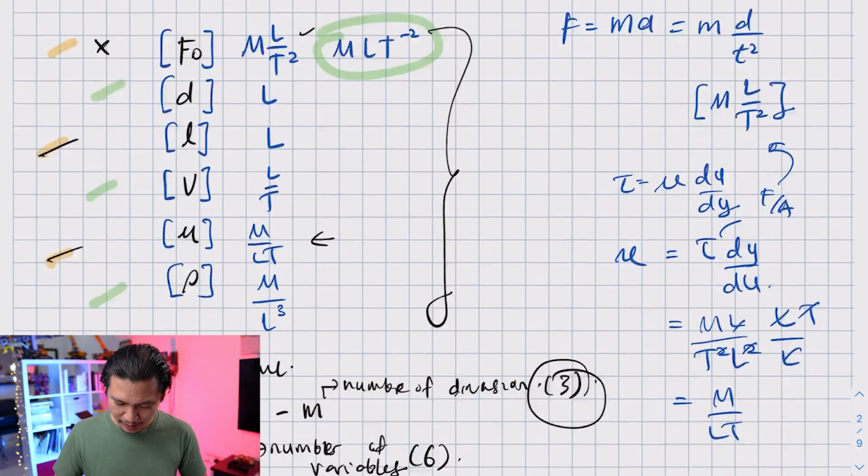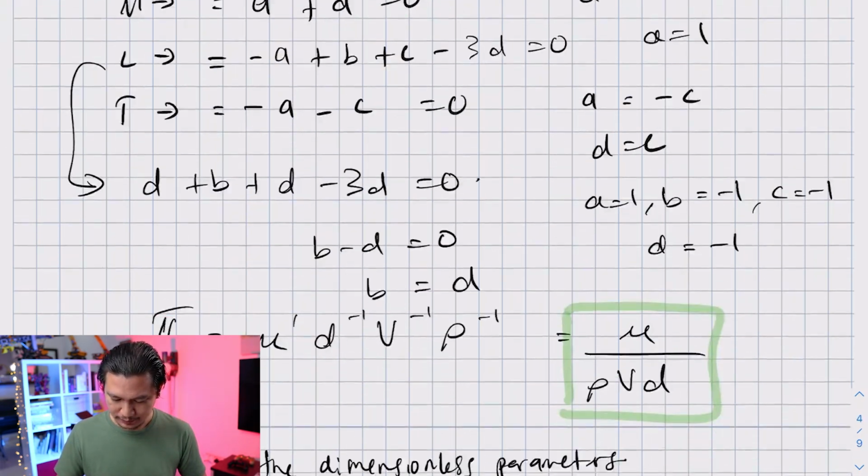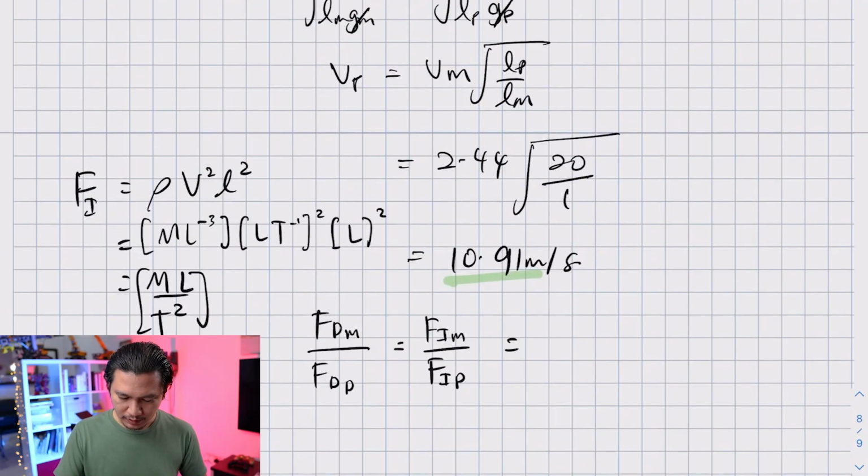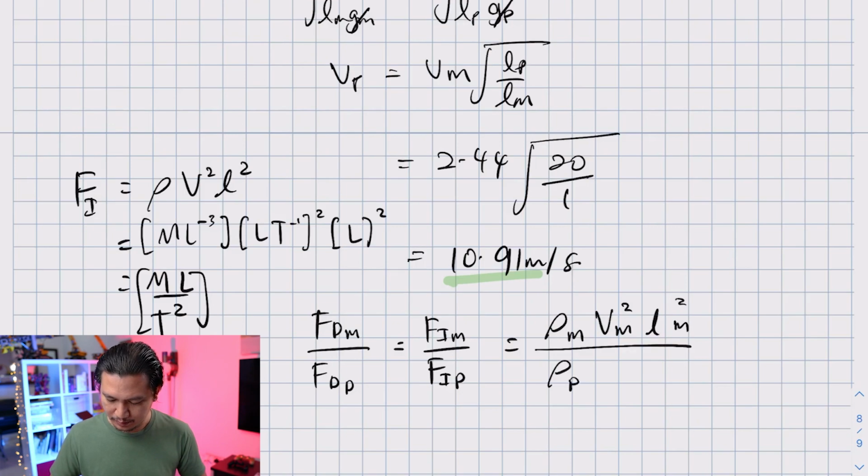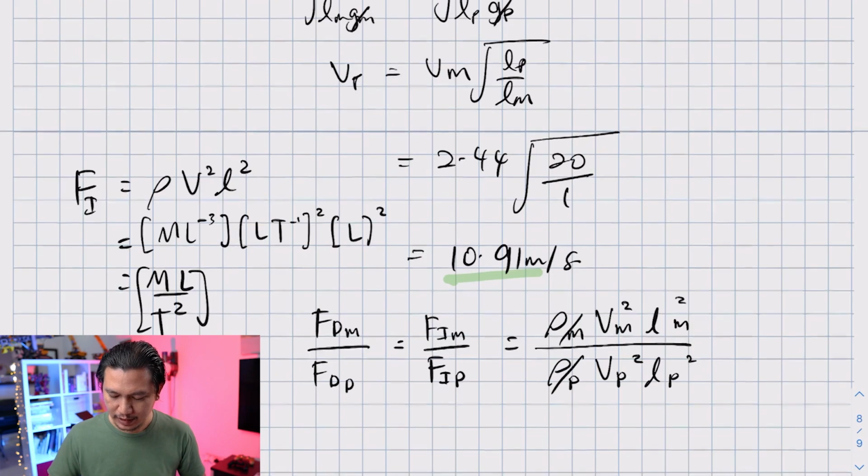Okay, so now let's get back to our initial force. So I'm going to write here rho of the model times velocity square of the model times L square of the model divided by rho of the prototype times velocity of the prototype square times L of the prototype square. Okay, now of course rho is the same, so I'm going to cancel that out.